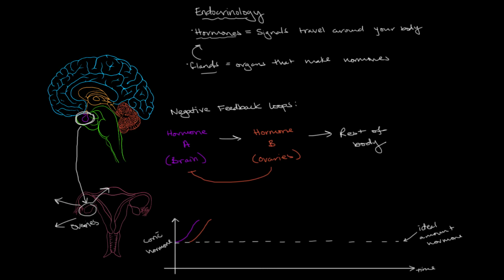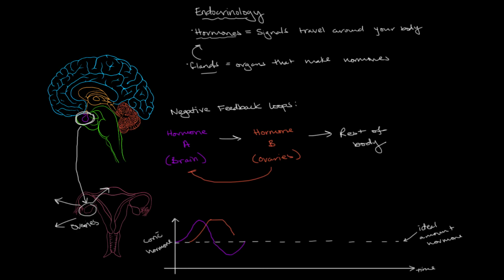But then as hormone B starts increasing, it inhibits hormone A from being produced. So the levels of hormone A start to drop. And then the levels of hormone B start to drop as well. Hormone B levels get so high that hormone A levels actually go kind of lower than you'd ideally want. But because hormone B levels start dropping, hormone A levels will start going up again.